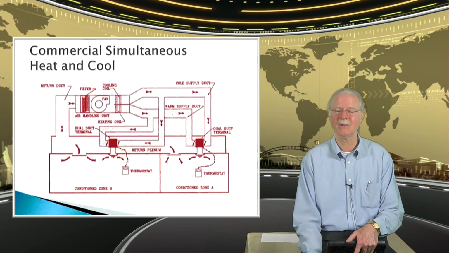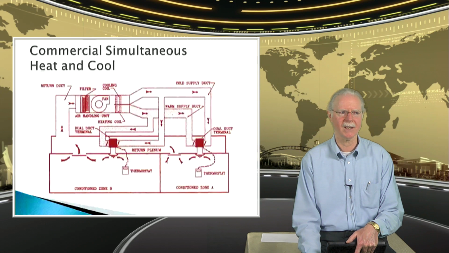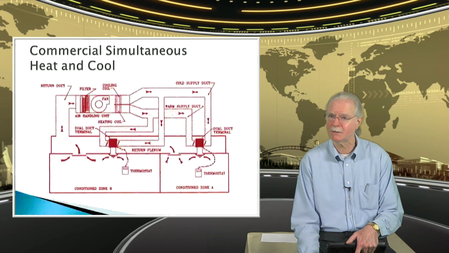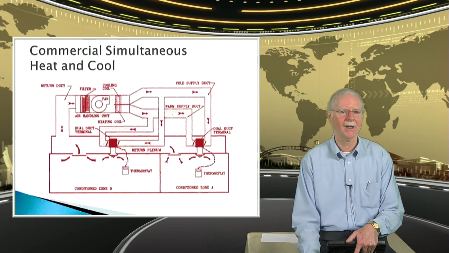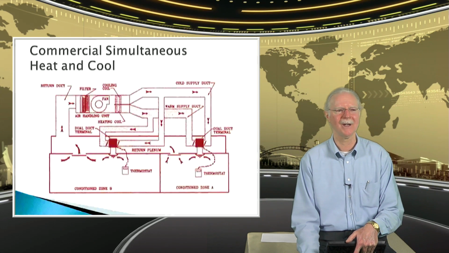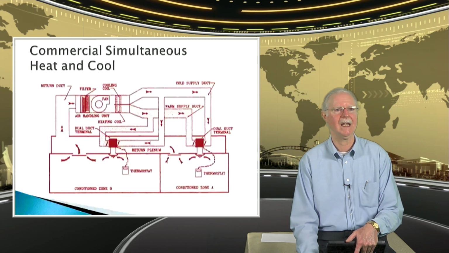There are typically times of the year where comfort is hard to achieve because either the direction that part of the building faces, solar radiation adding to the heat gain, changes the formula, or the location within the building. I'm sure you've noticed if you go to the fourth floor, it's a lot different than if you're in the basement. So you need some different amounts of heating and cooling.